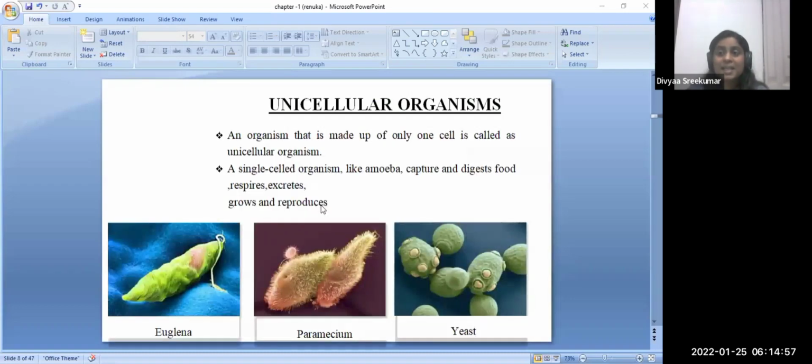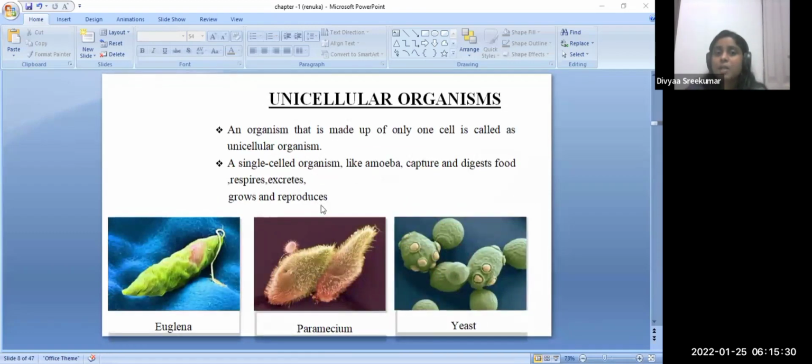Cells usually exist in an organism either as unicellular or multicellular. So depending upon the number of cells, we have two categories of organisms, unicellular and multicellular. A unicellular organism, as the name makes clear, is made up of a single cell only. Examples are Amoeba, Euglena, Paramecium, etc. They carry out all the functions that a cell should carry out.